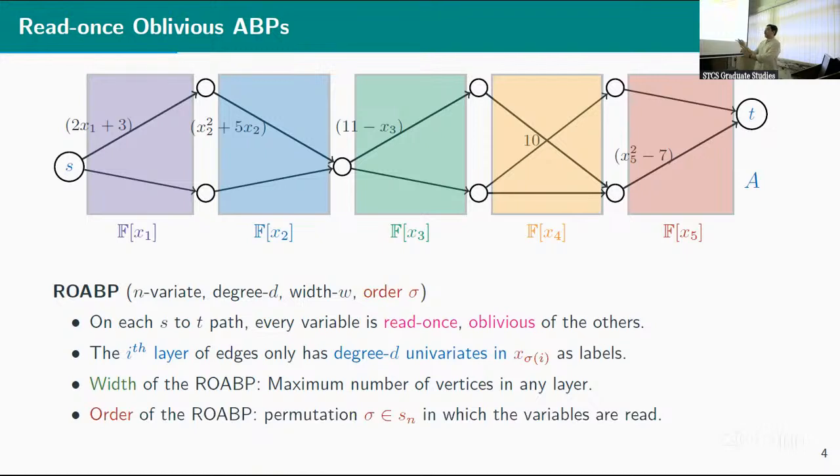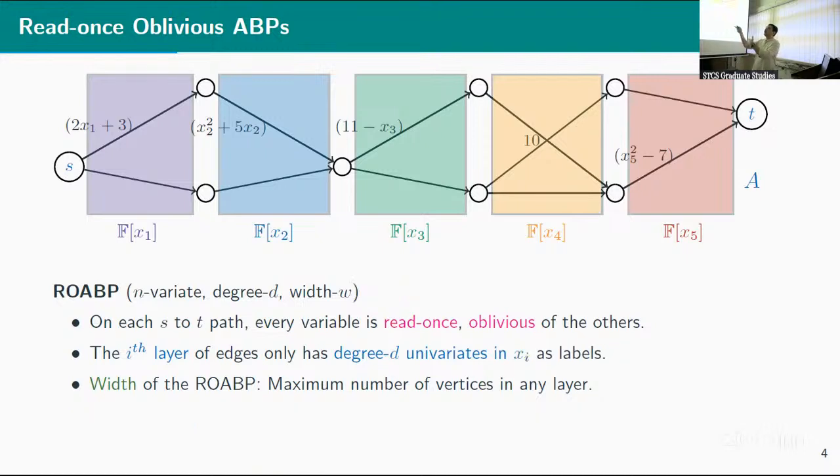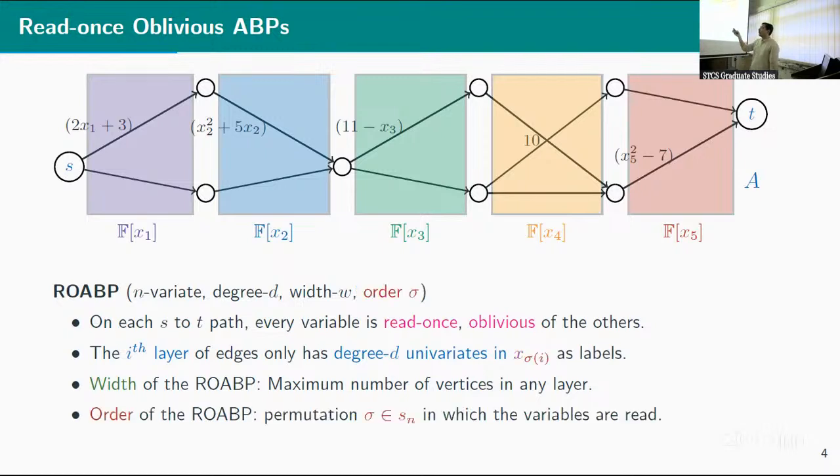One more thing: I just told you that each variable appears once, and here I have sorted them in the correct order. But an ROABP is allowed to read the variables in any order. So this is an additional parameter about the ROABP. Firstly, notice that width determines the size, because there are exactly n minus 1 layers of vertices in the middle.